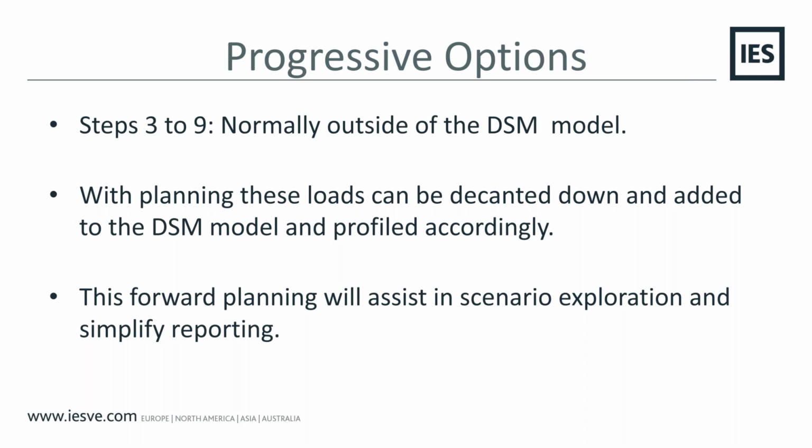To combat this, with careful planning, we can interpret the findings of some of the steps and loads that remain static throughout the year into templates and profiles within the model. By taking this approach, we can bring all the energy consumers under the umbrella of the model to simplify evaluation and reporting.